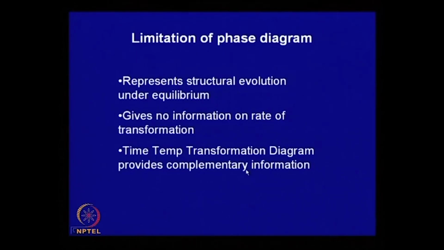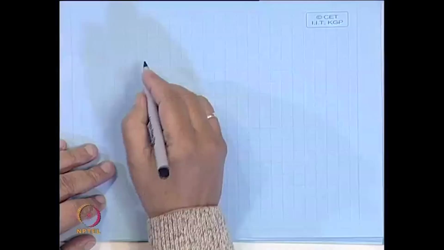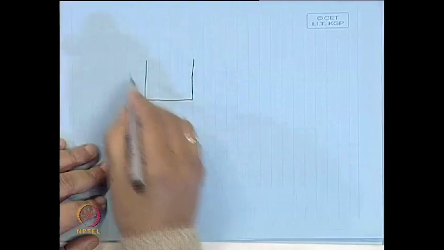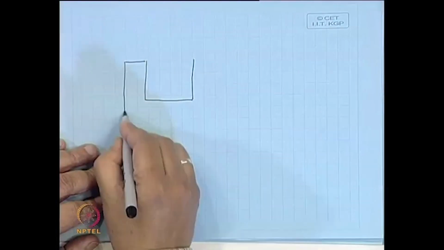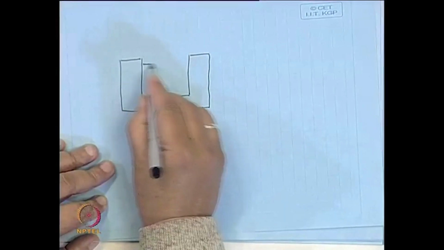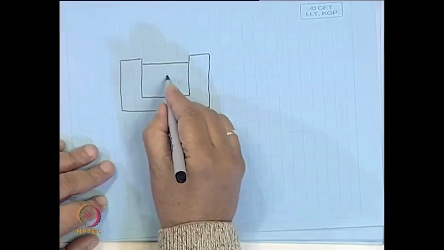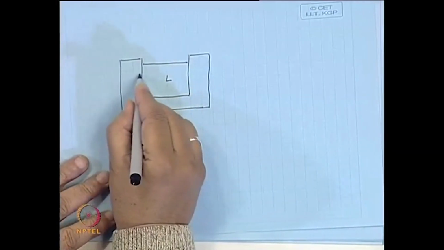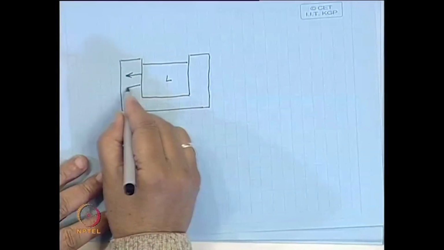But when you actually make an alloy, there are certain constraints. Suppose when you make an alloy, you melt it and pour it in a mold. So, this is the liquid, and now heat will flow through the mold.